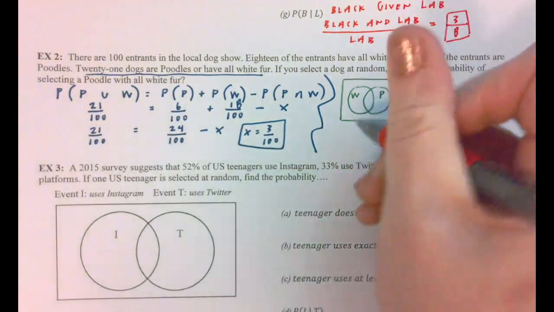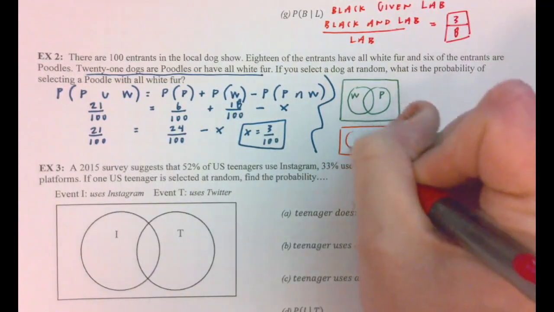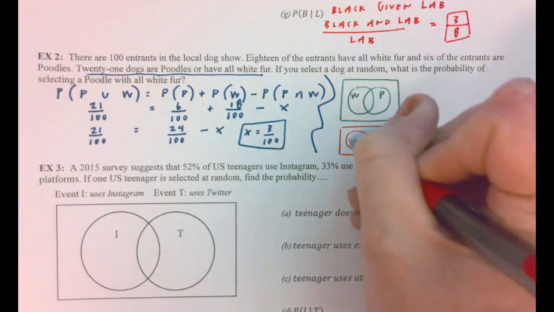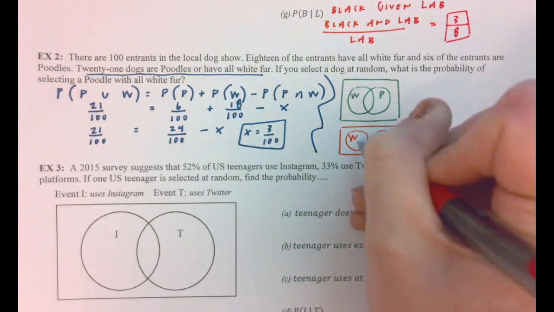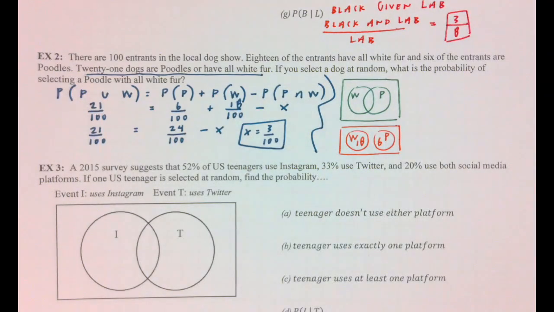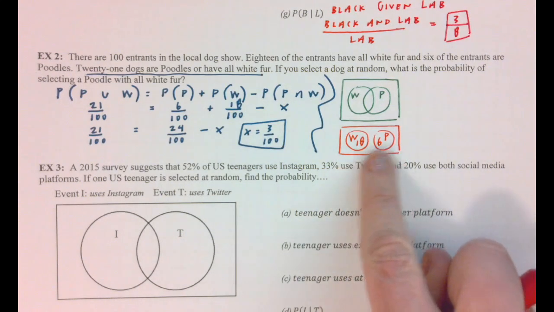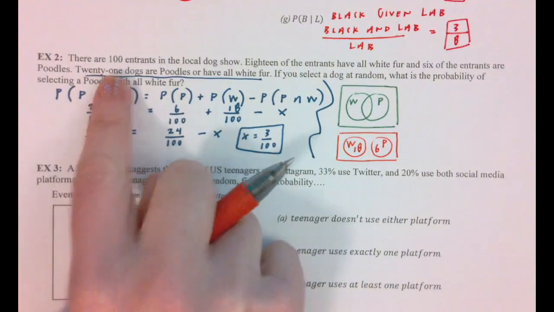So let's say that these circles, for example, let's say that it was mutually exclusive. No overlap, like this. Let me put the white fur dogs here, my 18, and my poodles here, my 6. So if it was mutually exclusive, no overlap, my OR would have been 24, right? 18 plus 6 is 24, but it's not. It's 21, right?